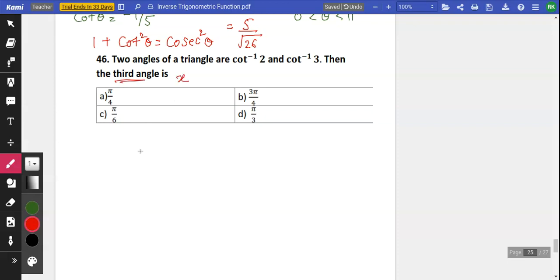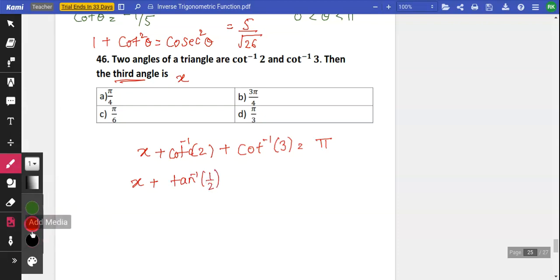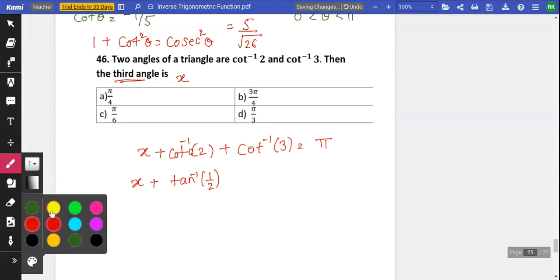So the sum of the angles is x plus cot inverse 2 plus cot inverse 3 is equal to 180 degrees, meaning pi. Cot inverse 2 can be written as tan inverse 1 upon 2 because cot inverse x is equal to tan inverse 1 upon x.